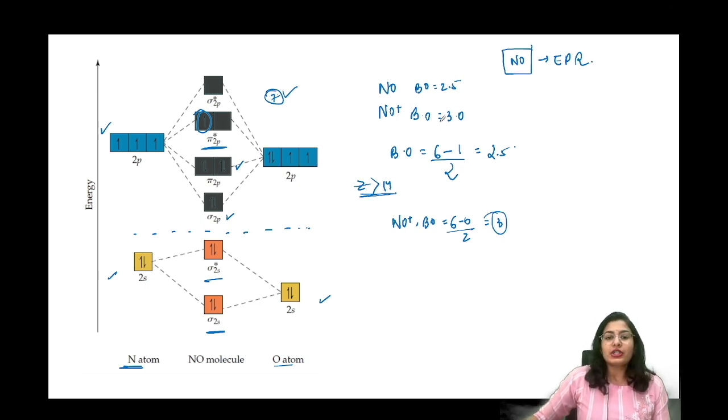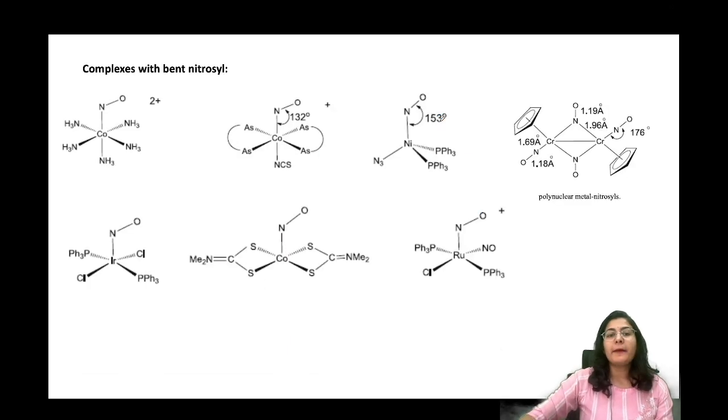Okay, so now we move onwards and see some more examples of bent nitrosyl complexes. First of all, we have already seen this complex of cobalt 2 plus, where nitrosyl is bent because it has a lone pair like this, with only 1 electron donation.